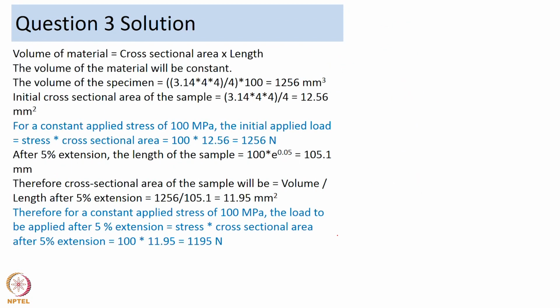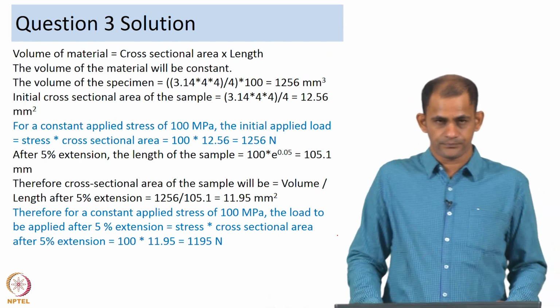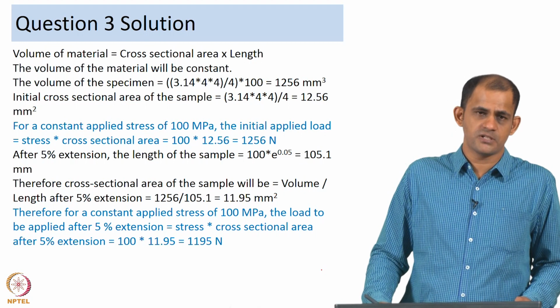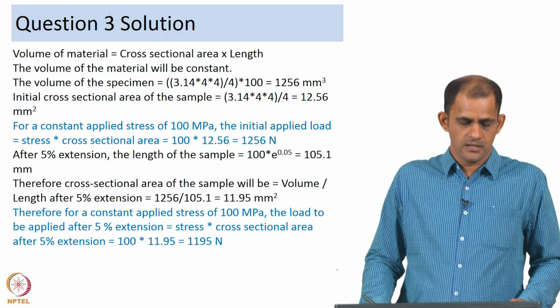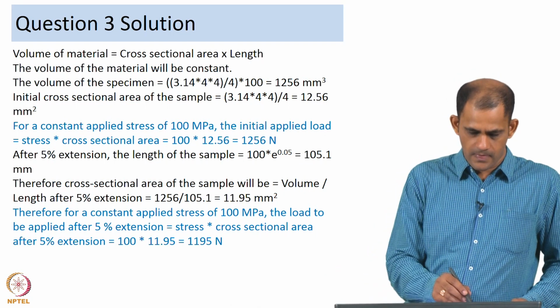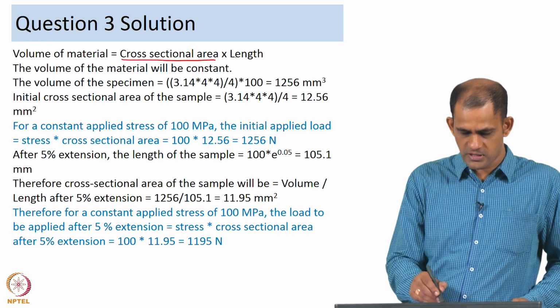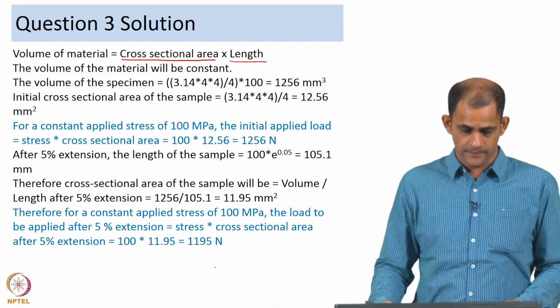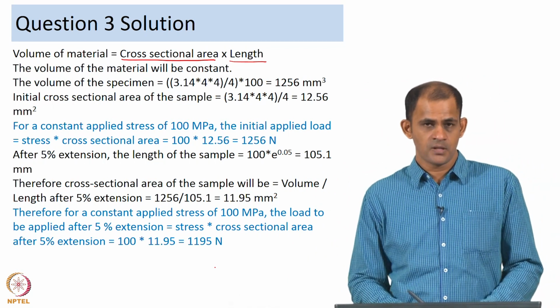So, let us look at the solution. The important thing to remember is that during plastic deformation the volume of the material is constant, and the volume is the product of the cross sectional area and the length under testing.